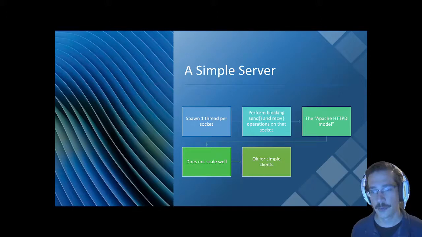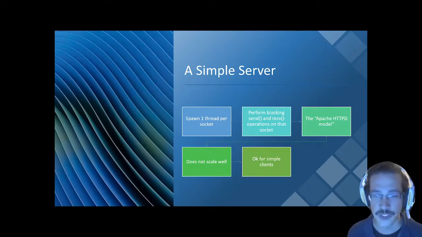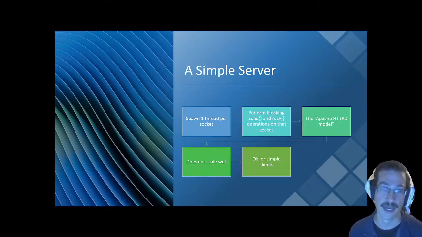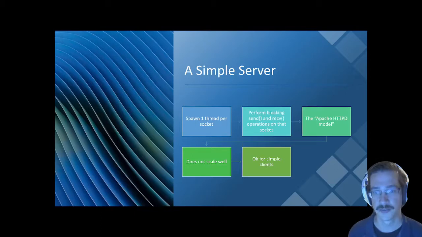So if you were to sit down and say, hey, I know about the send and receive system calls and what a socket is, I'm going to write a simple server. And I want the server to scale across CPU cores and be able to support multiple connections. How would you do this in the most naive way?